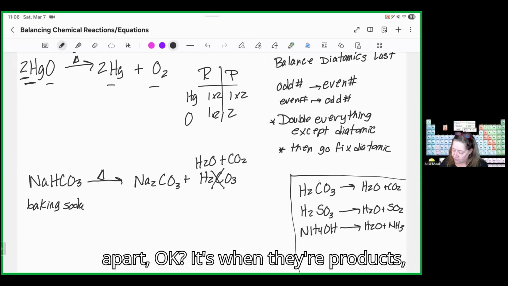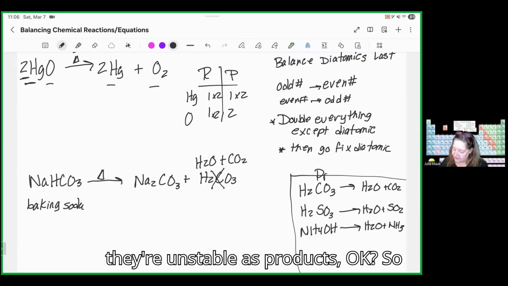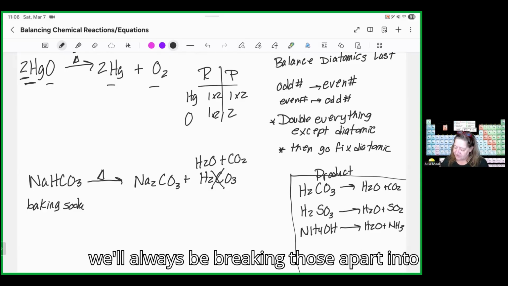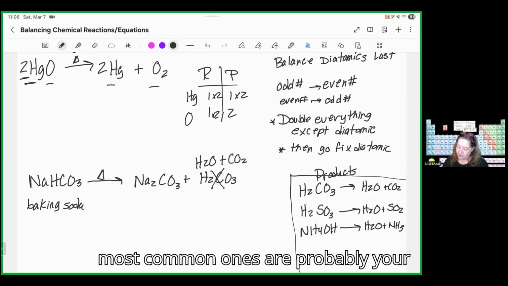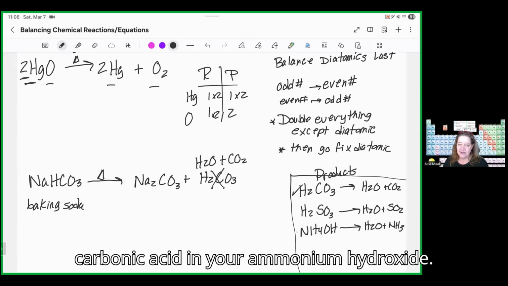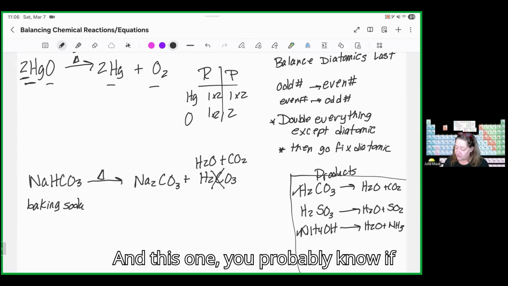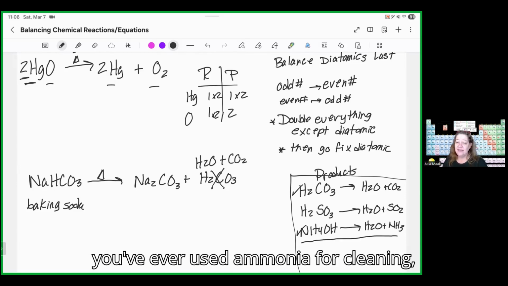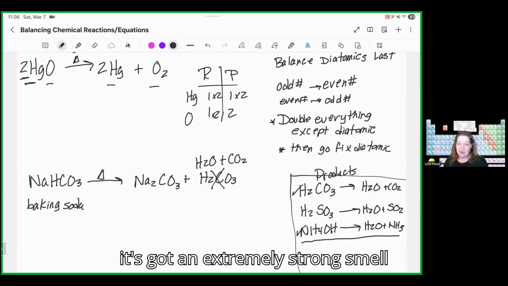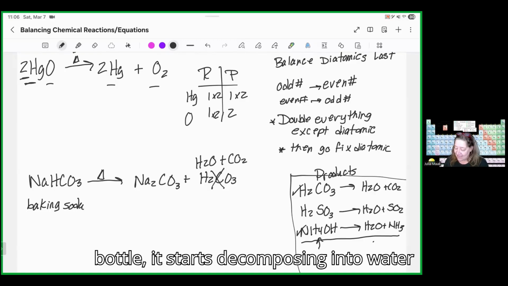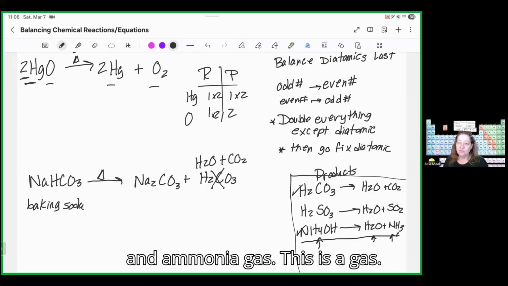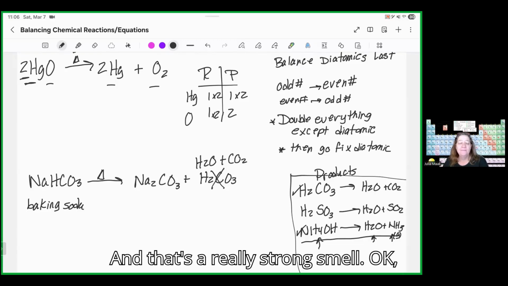They're unstable as products. The most common ones are probably your carbonic acid and your ammonium hydroxide. This one you probably know, if you've ever used ammonia for cleaning, it's got an extremely strong smell because as soon as you open the bottle, it starts decomposing into water and ammonia gas. This is a gas, and that's a really strong smell.